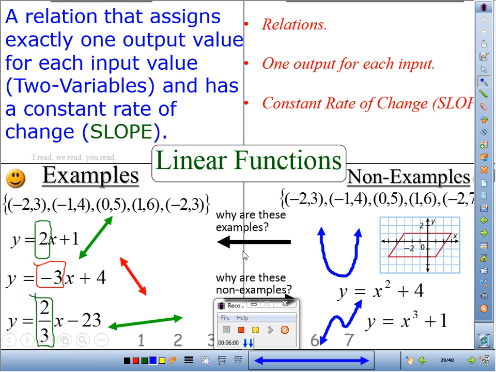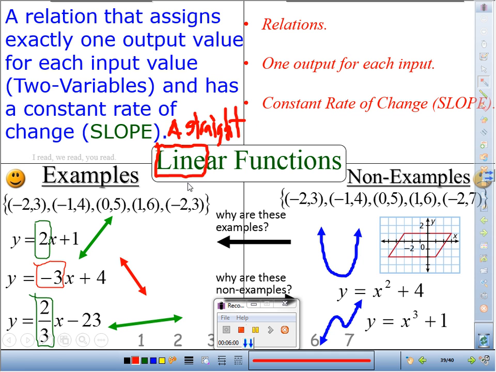So now check this out. And the answer, check this out, guys, what we just said lies within the term. Watch. A straight line.